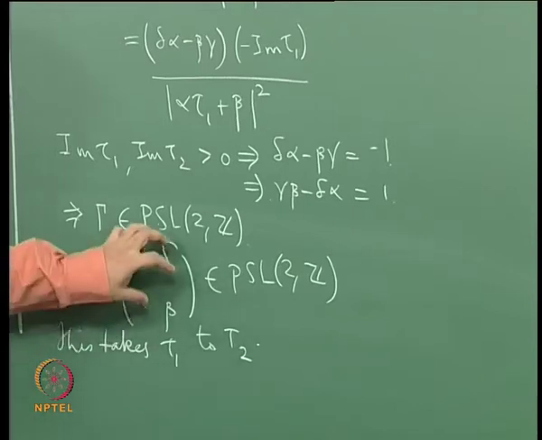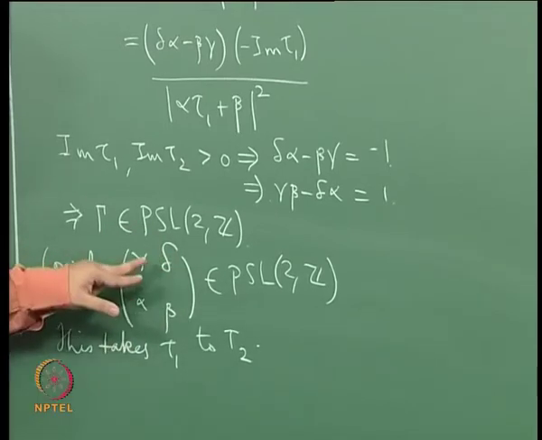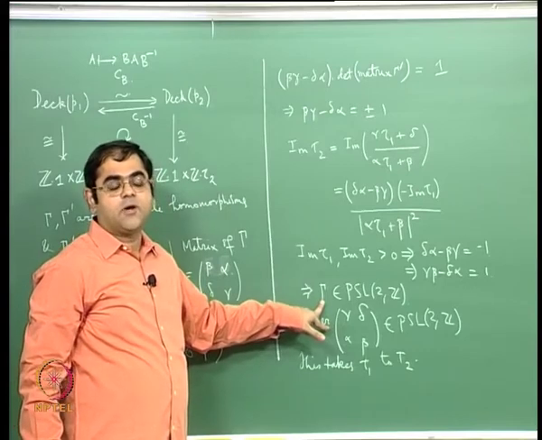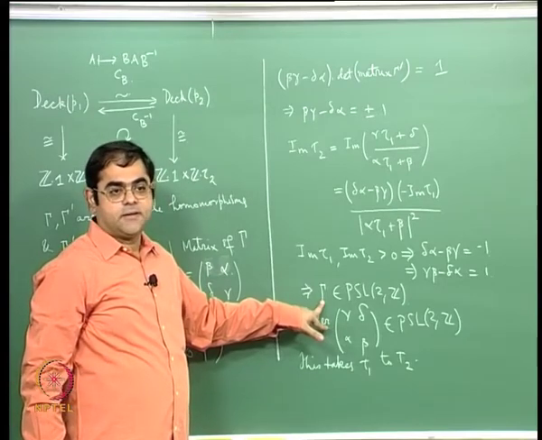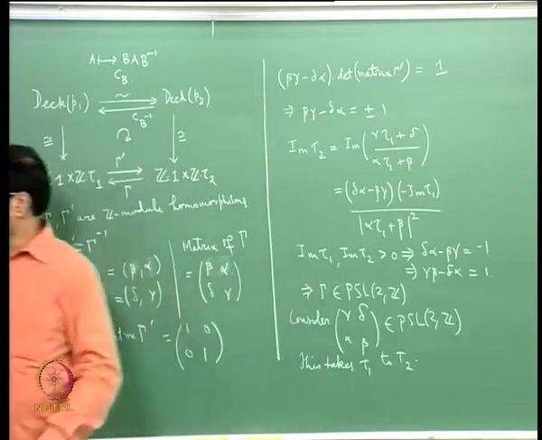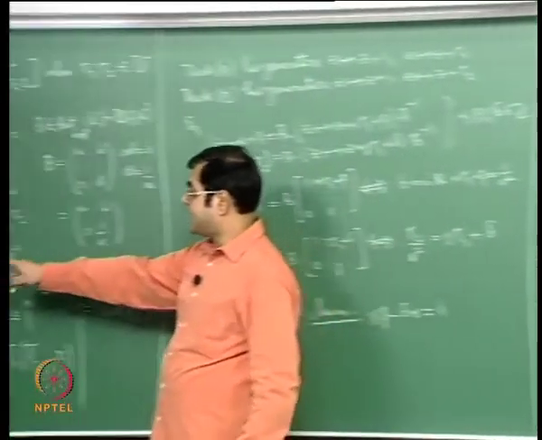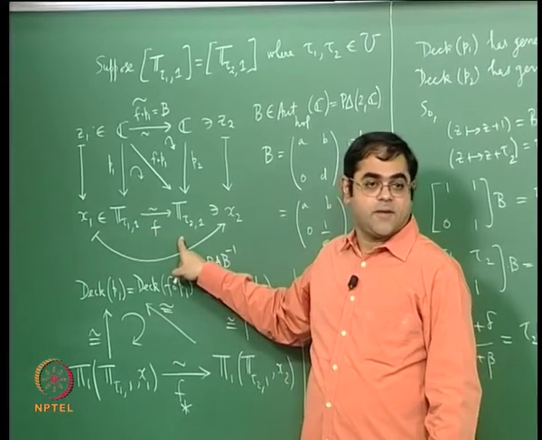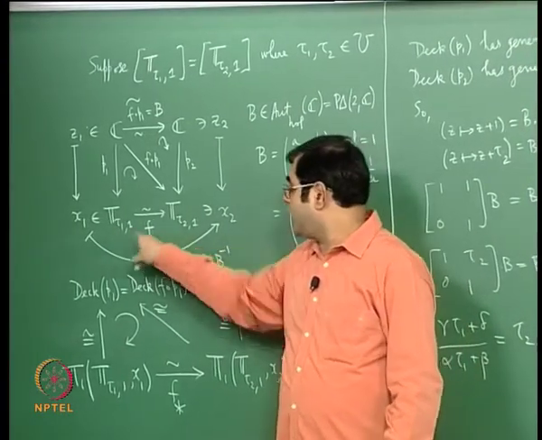So I am given gamma, and from gamma I have to cook up an isomorphism between these two tori, and how do I do this?